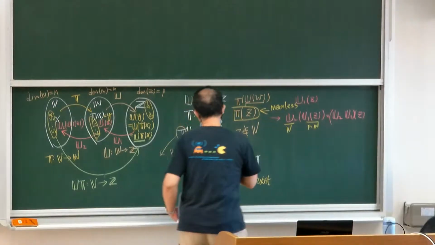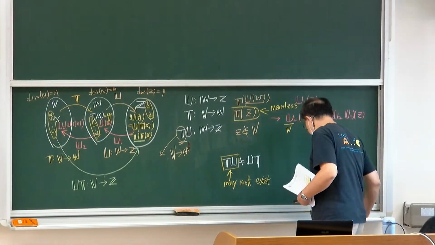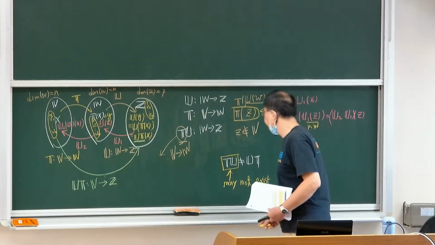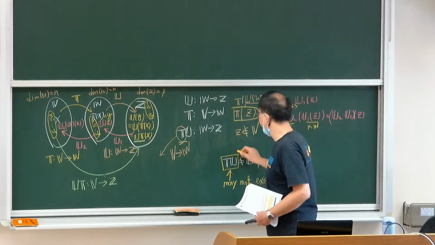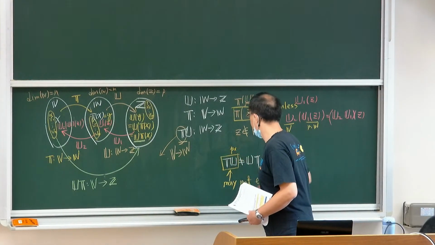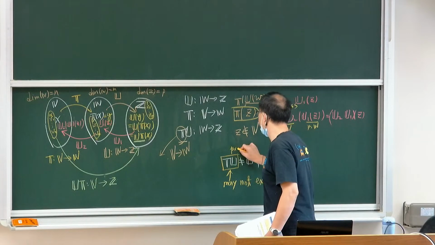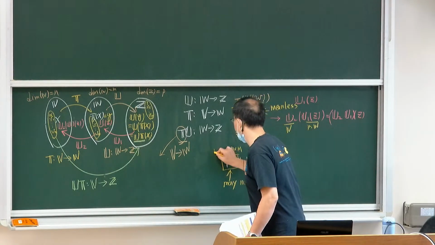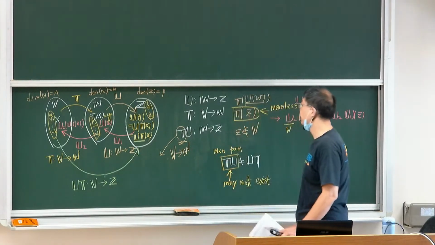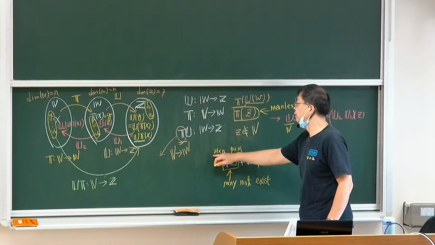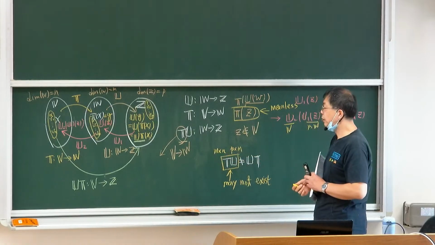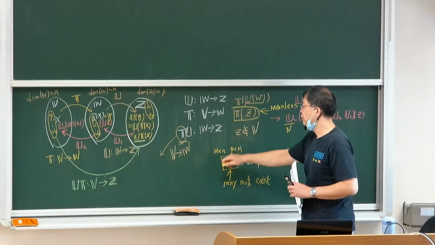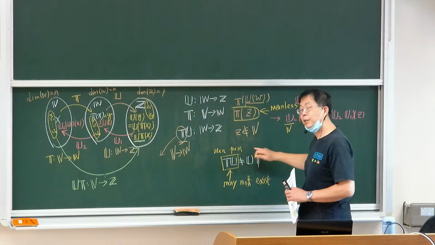Okay, and by using the matrix representation, we can see that. Because U is a P by M matrix, and T is an M by N matrix. How can I operate a multiplication of matrices with M by N and P by M?